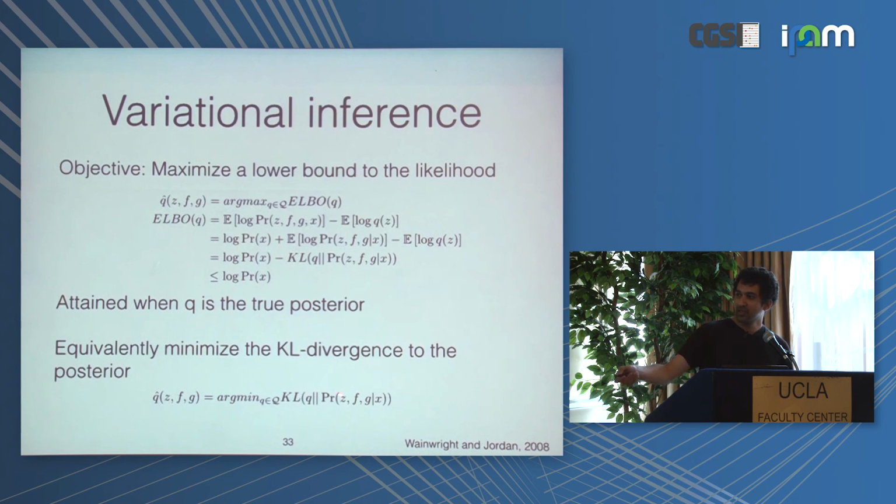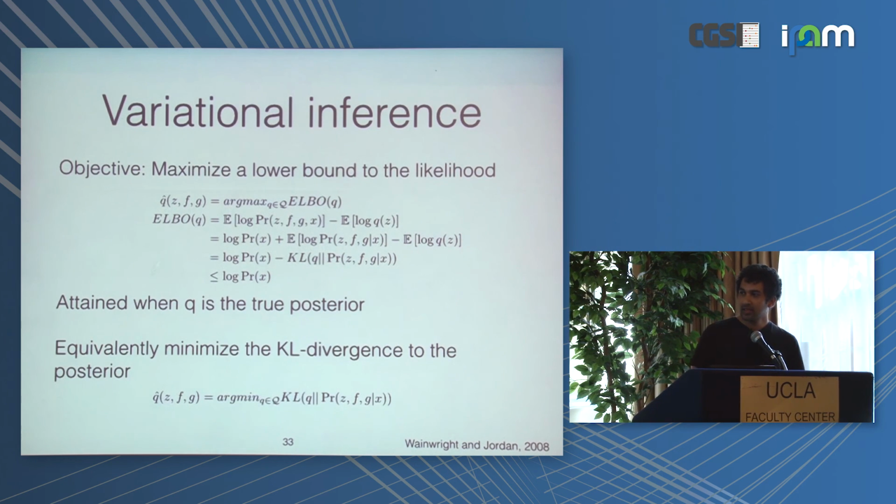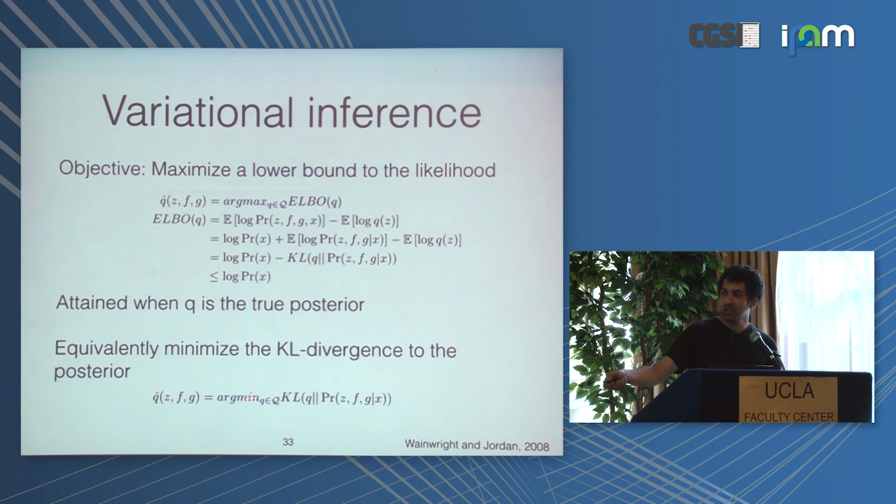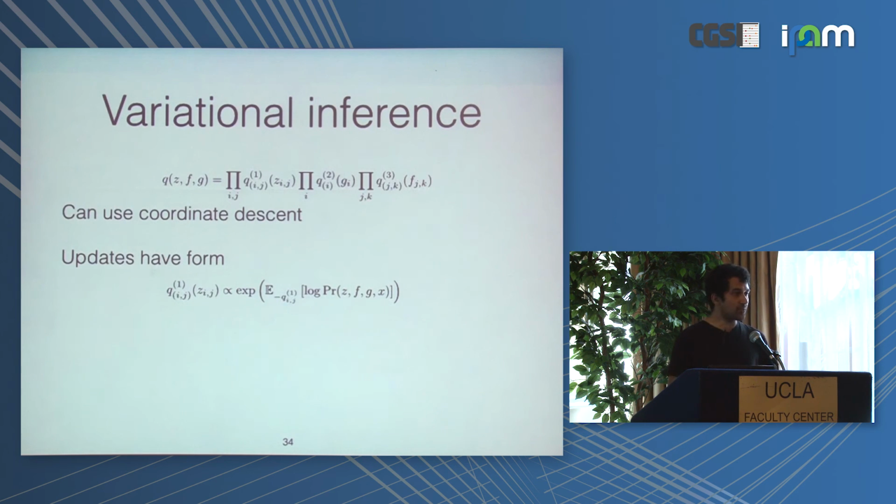So of course, to minimize this, you could set Q exactly equal to the posterior, but that defeats the purpose because that's a quantity that you cannot access. So instead, you restrict Q to a smaller class of distributions that are tractable. That's where the design decisions come in, and there are many ways of setting this up.